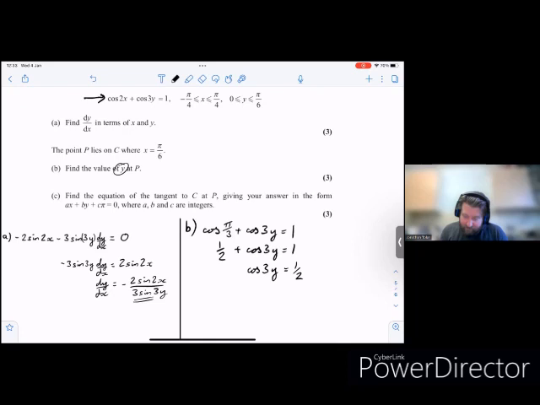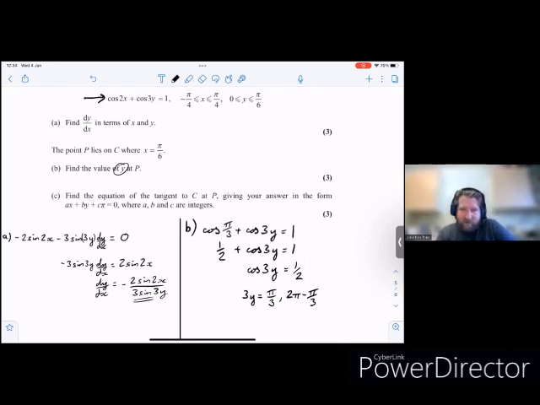So this means 3y equals pi over 3 or 2 pi minus pi over 3. And now we need to think how many answers we are going to get.